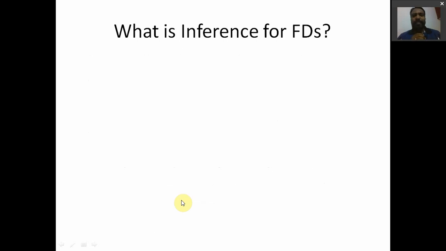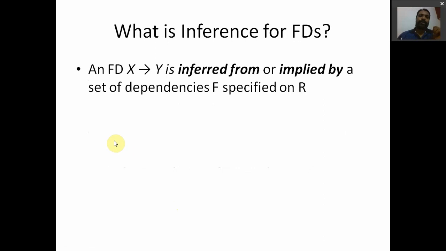Next, what is inference for functional dependencies? A functional dependency X to Y can be inferred or implied by another set of dependencies F specified on R. That is, here we start with a set of functional dependencies F and we try to infer new functional dependencies from this set F. X to Y is such a functional dependency.